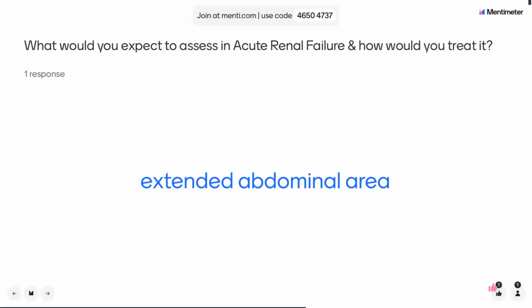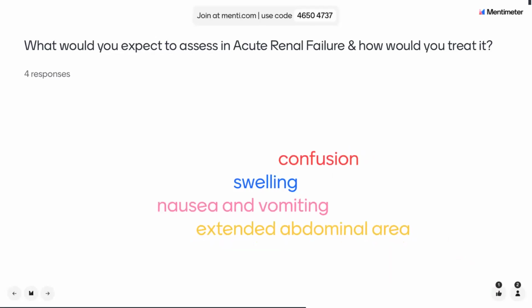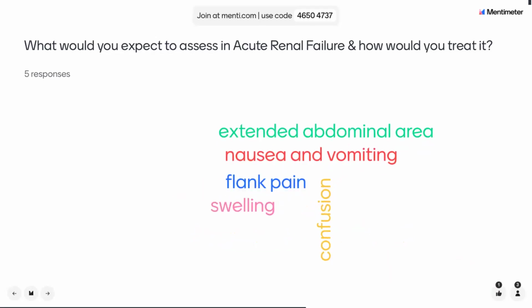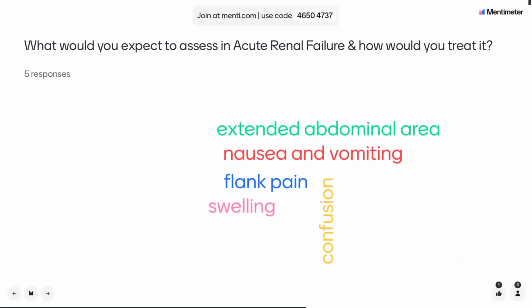Yep, we could see edema, nausea, vomiting, flank pain, confusion, lethargy, electrolyte abnormalities for sure if we're not concentrating urine because our kidneys aren't functioning very well.